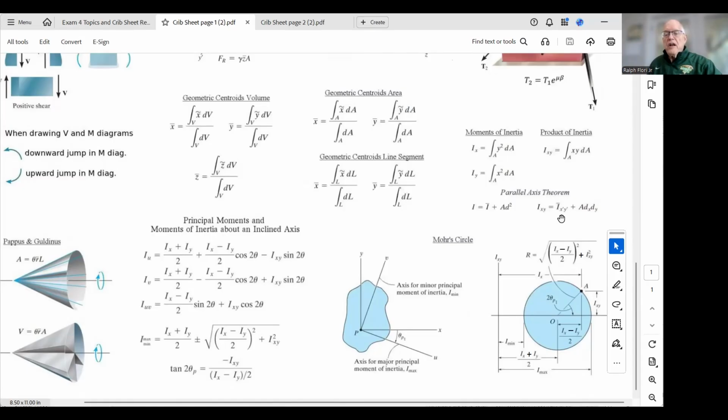So for a number of different problems, the parallel axis theorem for product of inertia simplifies to just the sum of A dx dy. And again, that can be positive or negative or zero, depending on your dx's and dy's, which can take on positive or negative or zero signs.